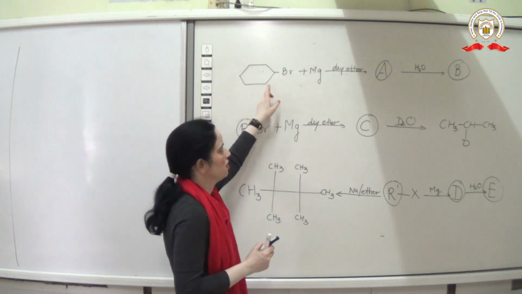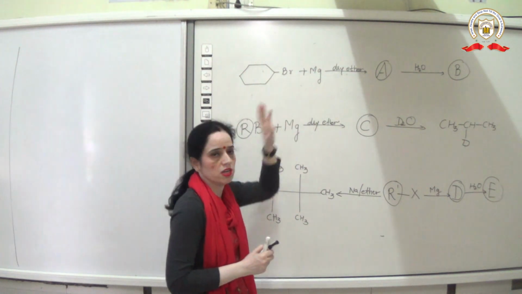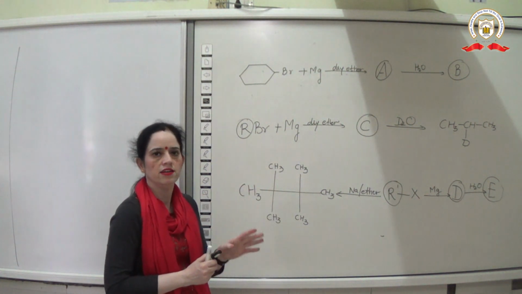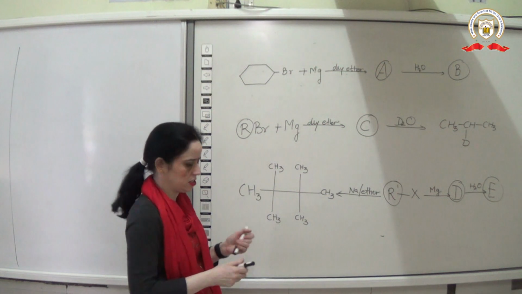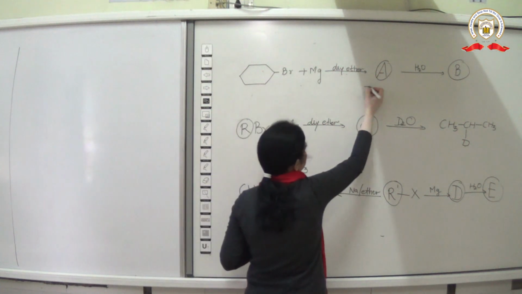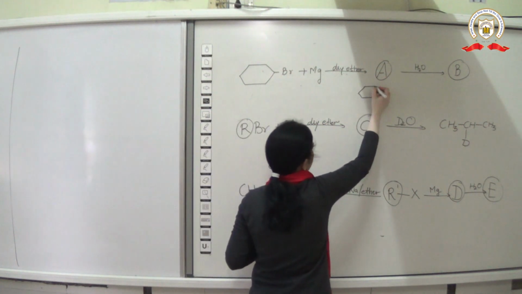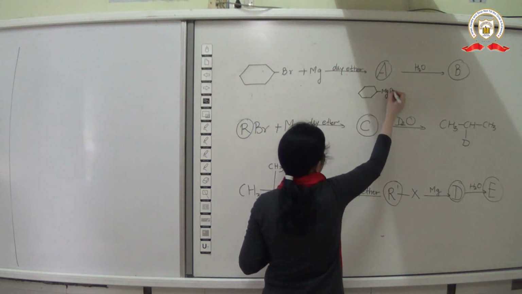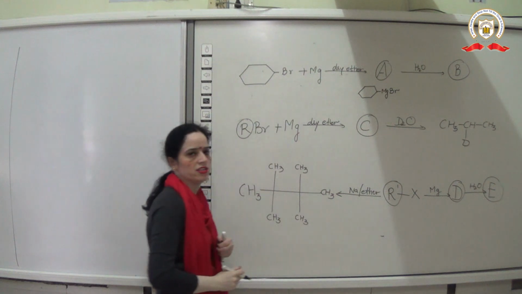Br with Mg, carbon, Br, Mg. The topic we have studied just now is Grignard reagent. What must A be? It must be the cyclohexyl part, Mg, and then Br, the Grignard reagent.